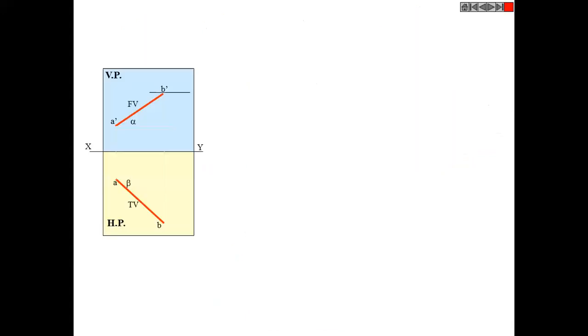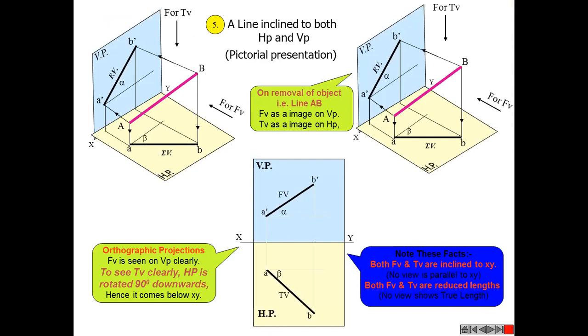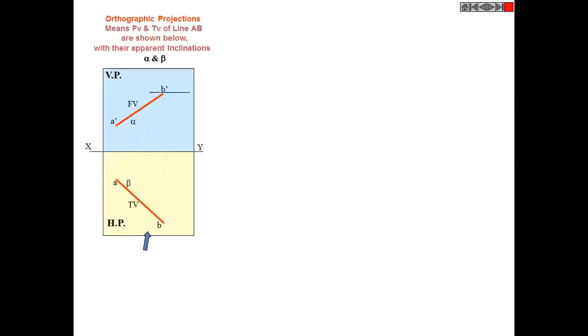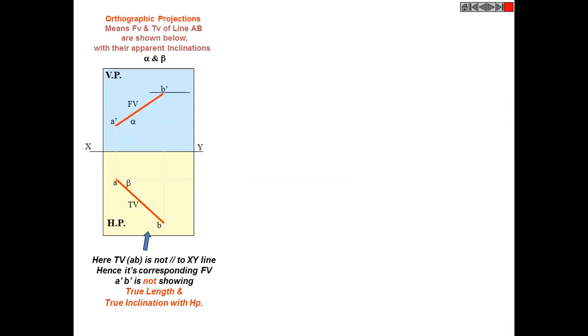This is the orthographic projection with alpha and beta. AB is not parallel to the XY line, hence its corresponding front view A dash B dash is also not showing the true length. Yes, that we know. So how will we get that when the front view and top view are known?